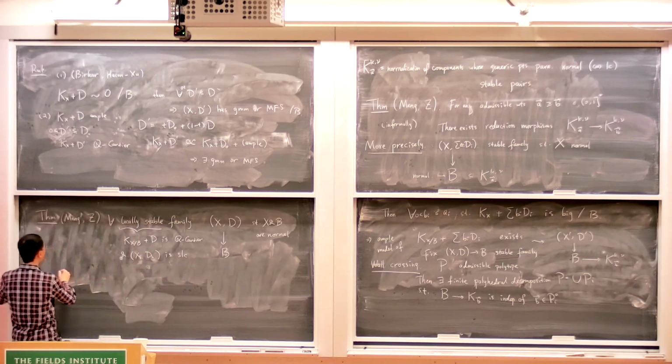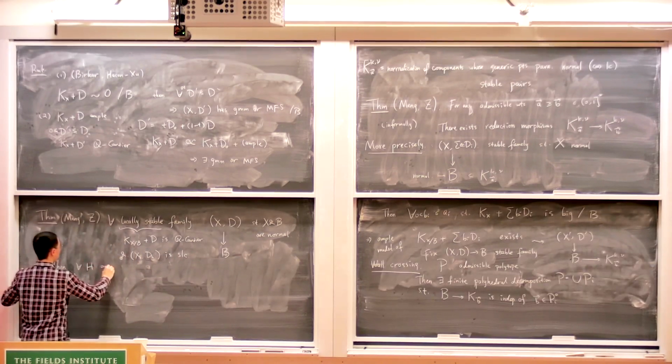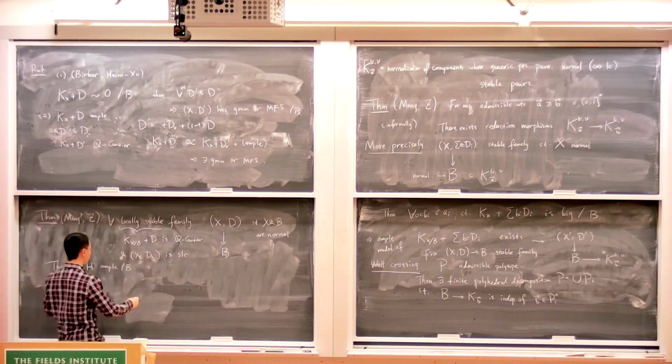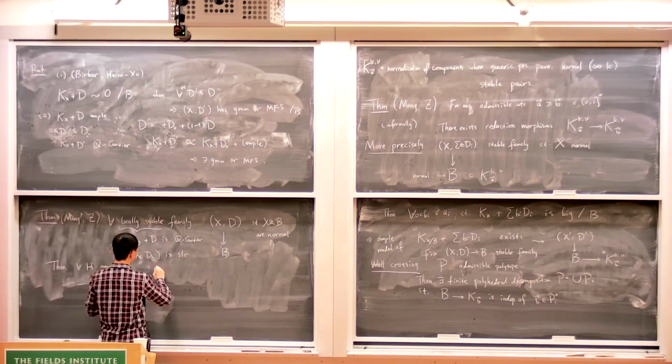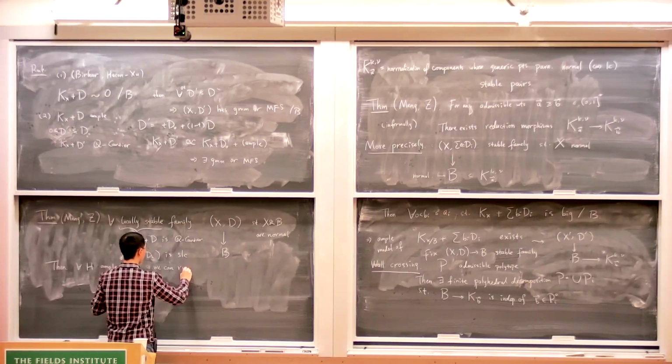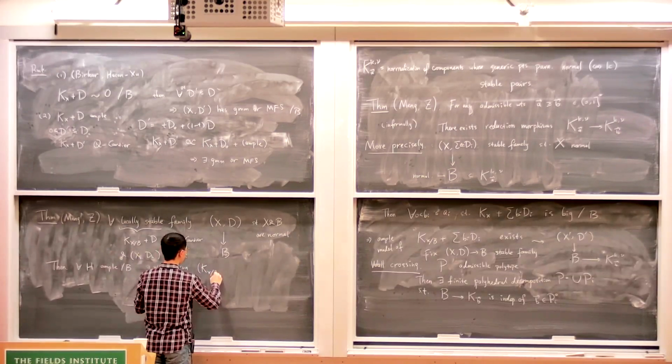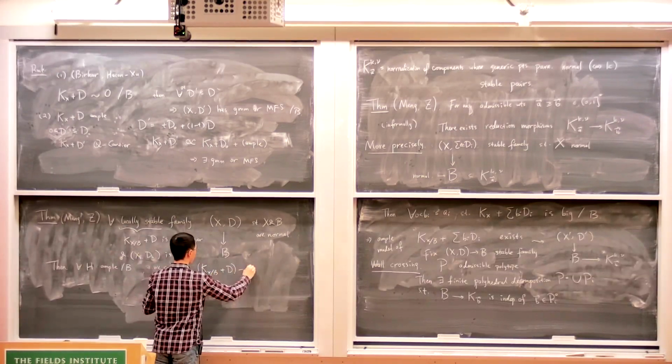So the conclusion is that for any relatively ample divisor on this family, I can run the MMP for this divisor with the scaling.